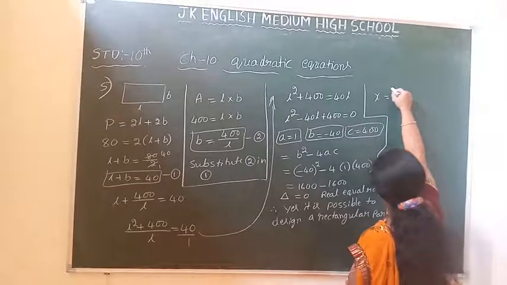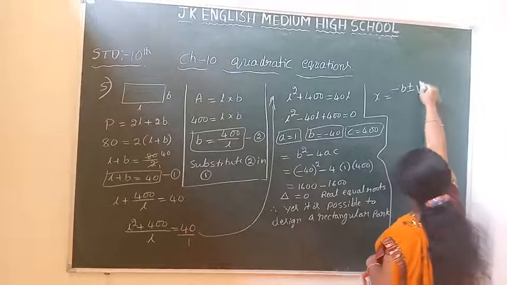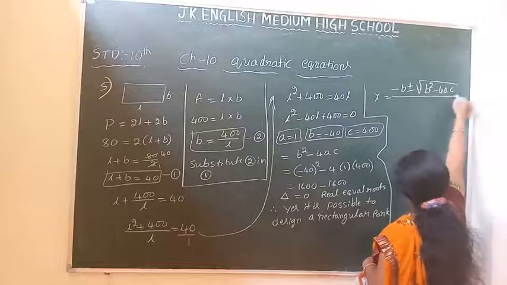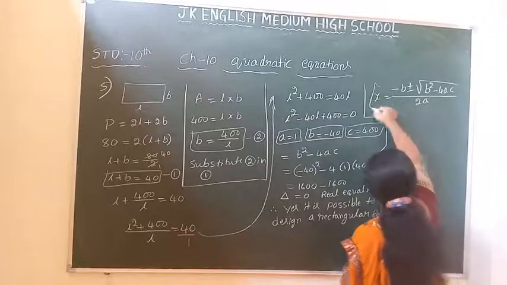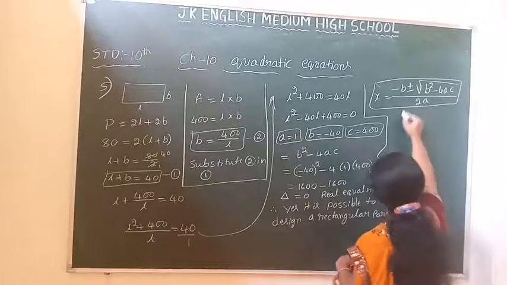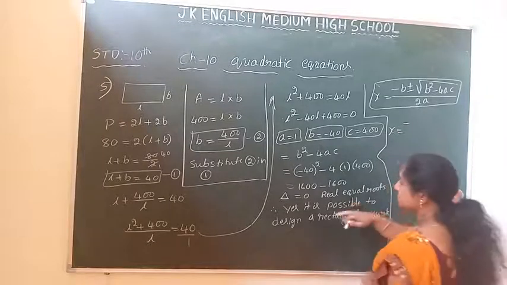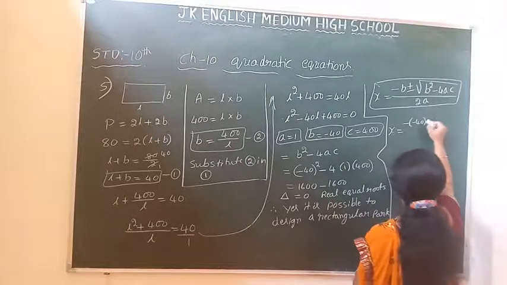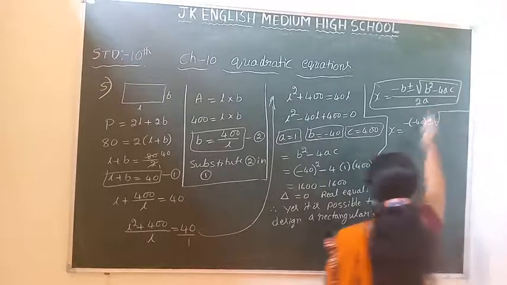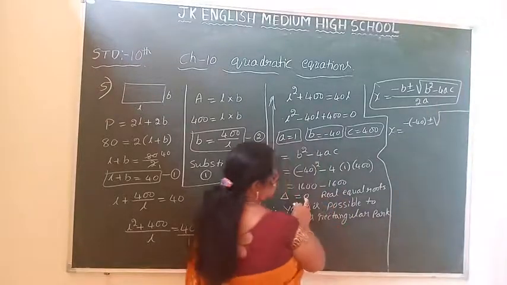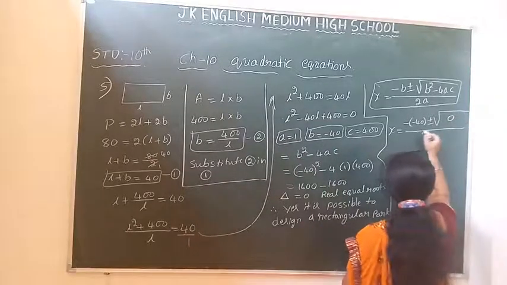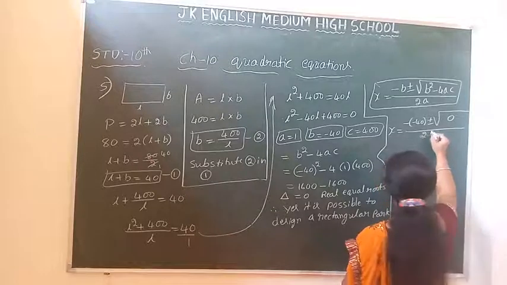The formula is x is equal to minus b plus or minus square root of b square minus 4ac, divided by 2a. Substitute the values now. x is equal to minus b, which is minus minus 40, plus or minus. I already simplified b square minus 4ac and got 0, so I directly substitute 0 here, divided by 2 into a value 1.